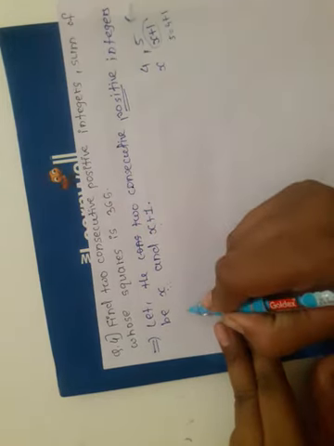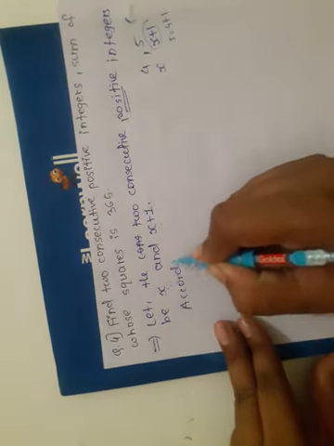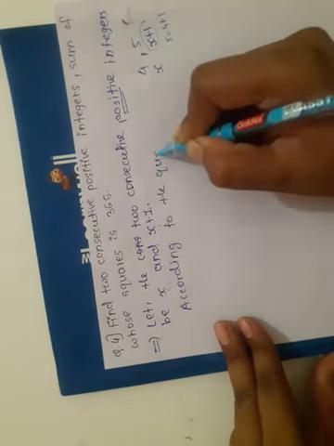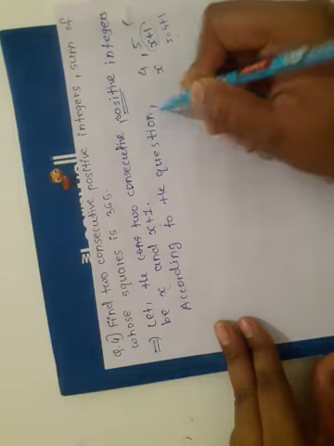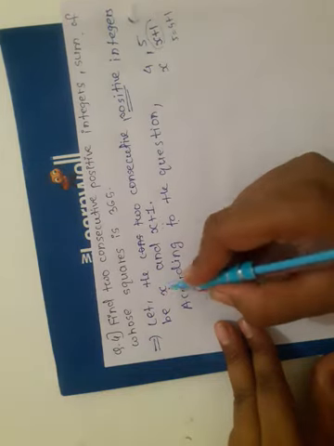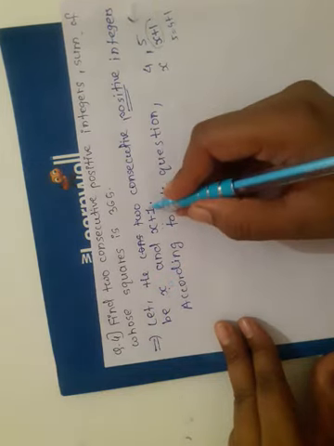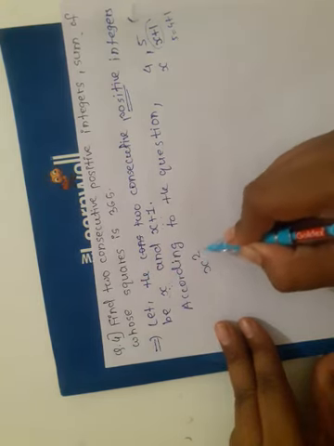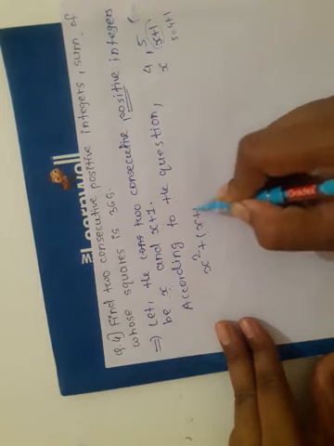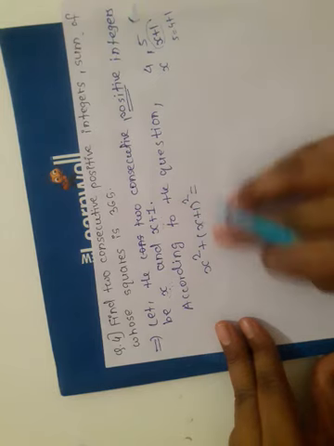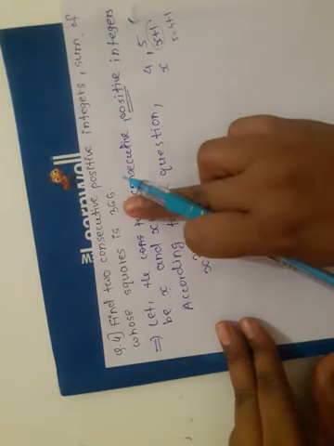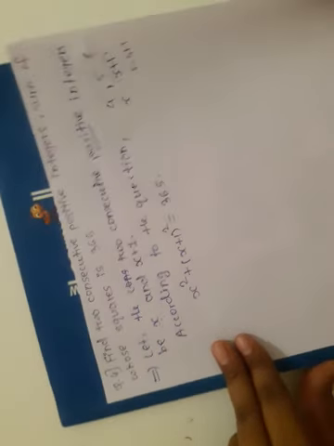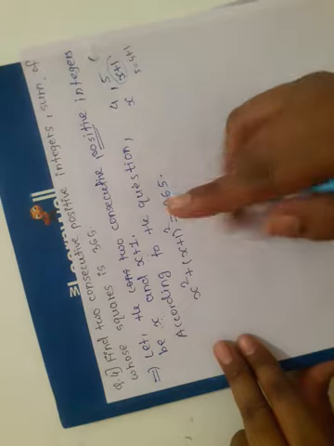So write down here, according to the question, we have to take the square of these two terms and add them. We can write it as x square plus (x plus 1) bracket square, and the sum of squares given to us is 365.